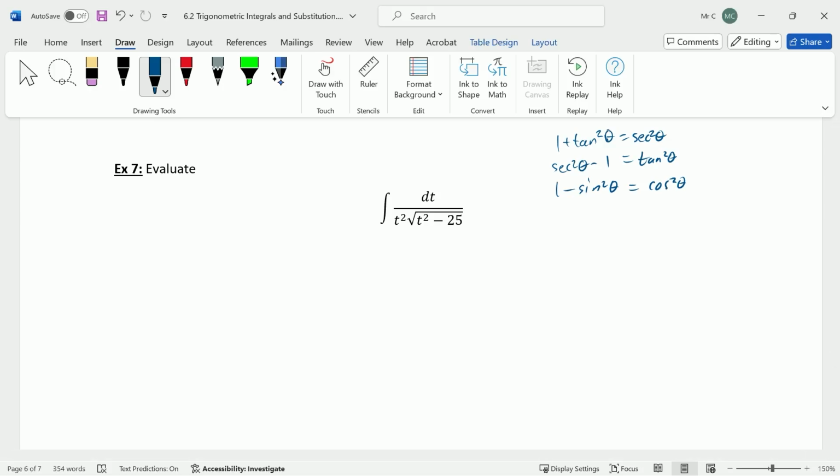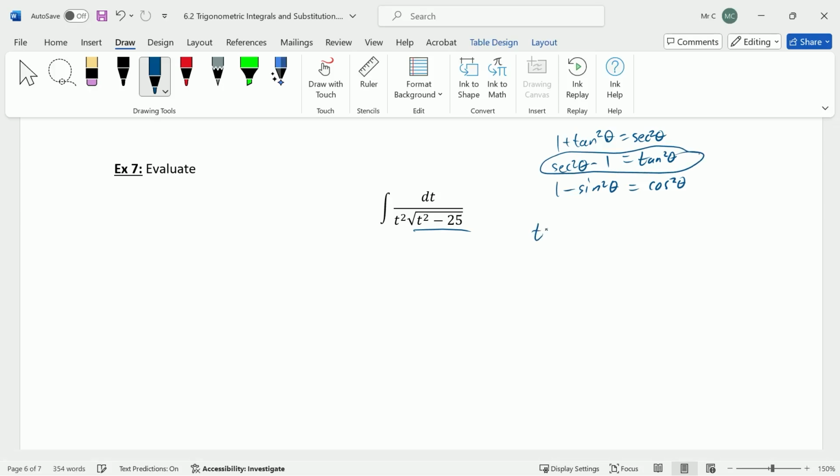And I go, okay, well, which one of these has the right shape for the expression in our function? t squared minus 25. Variable squared minus number squared. Well, that's got to be this one, right? Secant squared minus 1.